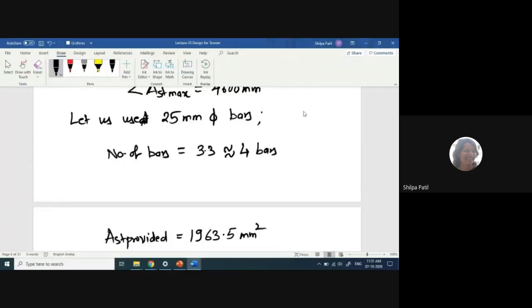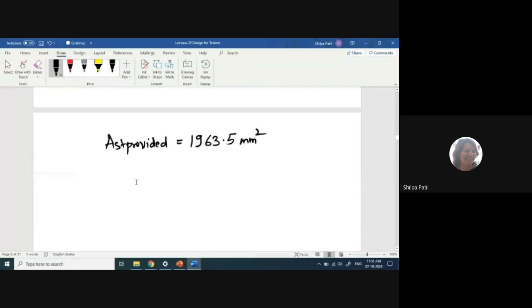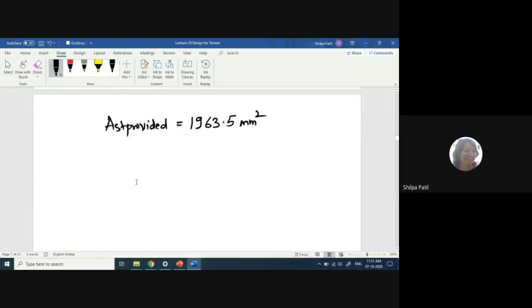But normally 25, if it is required 25 mm 4 bars, then don't go for the combination because the area requirement is higher, 1637. So let us use the same thing here. So just write down, providing 25 mm 4 bars on tension side.